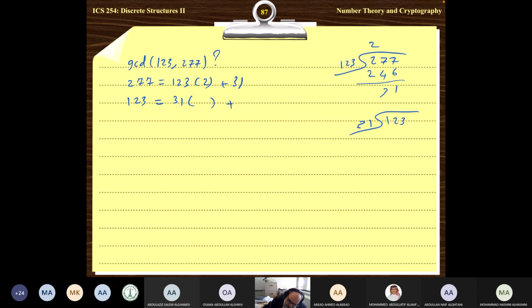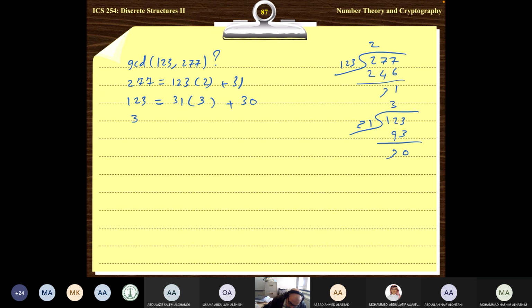If we divide 4, 4 will not work, so we will have 3. 3 times 3 is 9. 12 minus 9 is 3. So this is 31 multiplied by 3 plus 30. Okay. Now 30 and 31.